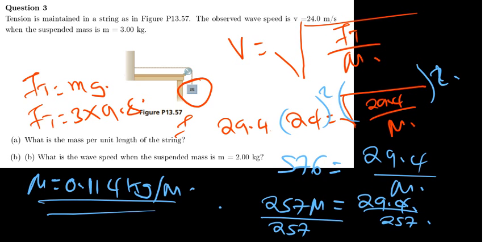We divide by 576. So our mu value, what did you find?